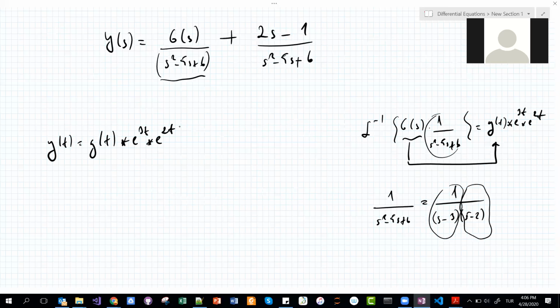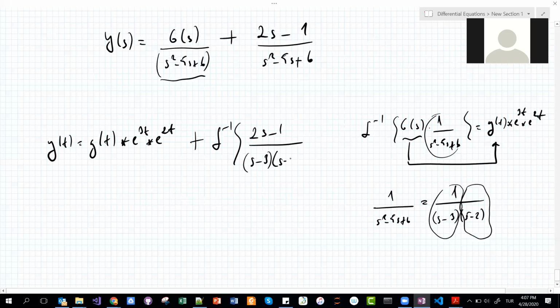Don't worry about it. I'm not going to ask two convolutions in the final exam, okay? This is just the example we had here. Solving the integral of this type of convolution would take a lot of time. And then the rest, of course, the inverse of this part needs to be taken care of with the other techniques, 2s minus 1 over s minus 3 times s minus 2.